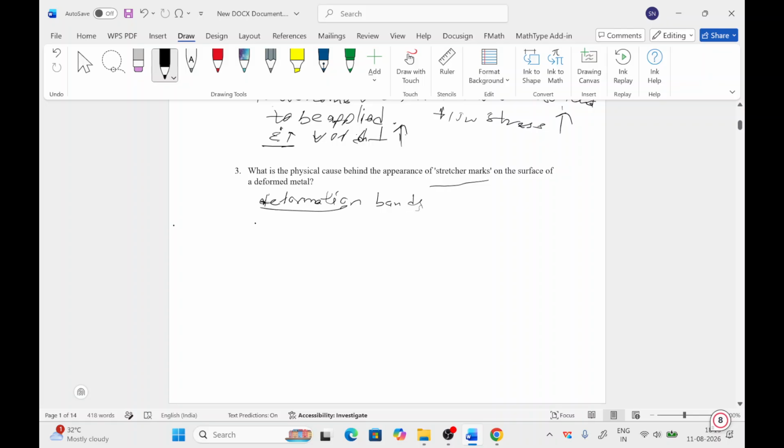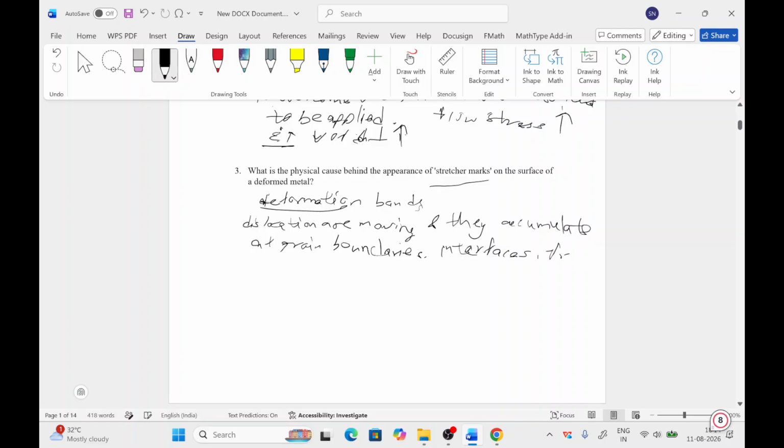In a deformation band, we know that dislocations are moving and they accumulate at grain boundaries, interfaces, and the free surface.